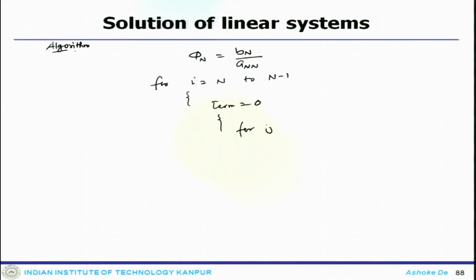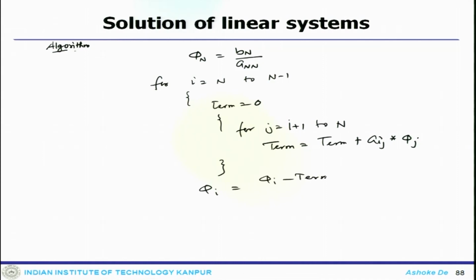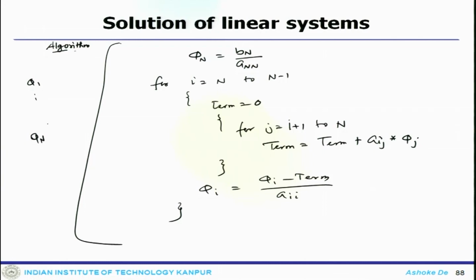Then you go for j equals i plus 1 to n, you get term equals term plus a i j into phi j. Then the substitution would work: phi i equals b i minus term, divided by a i i. So, that closes the system. That way you can obtain phi 1 to phi n, all these variables.